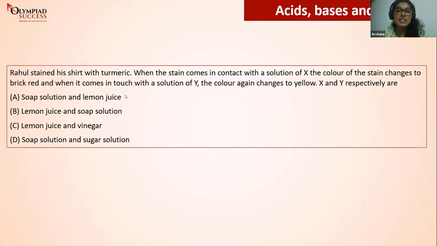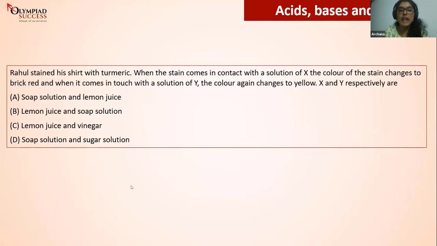When citric acid comes into contact with turmeric, you will get the color yellow. So if turmeric comes in contact with an acid, it will remain yellow, and when turmeric comes in contact with a base, it will change the color, because turmeric is an indicator. So X is changing the color, which means X has to be a base, whereas Y is remaining yellow, so Y has to be an acid.